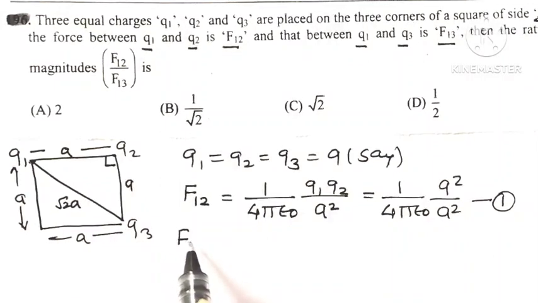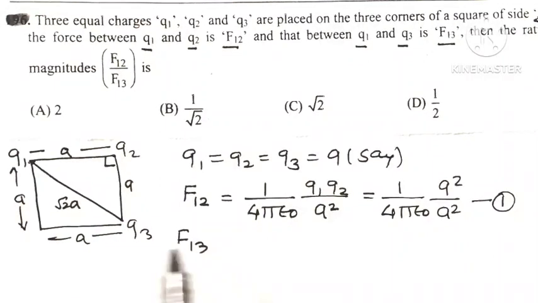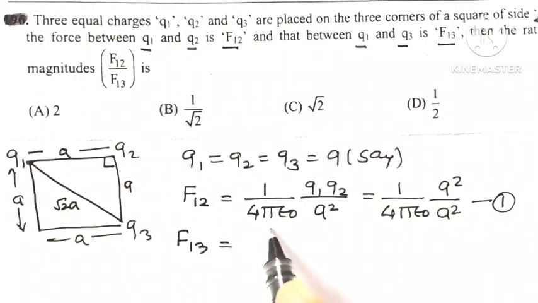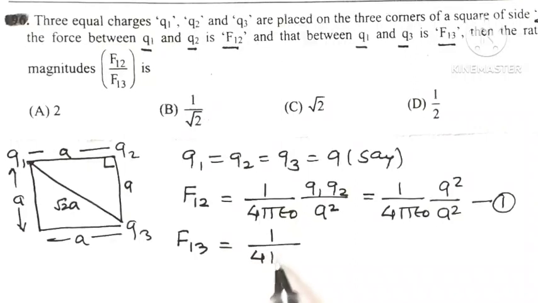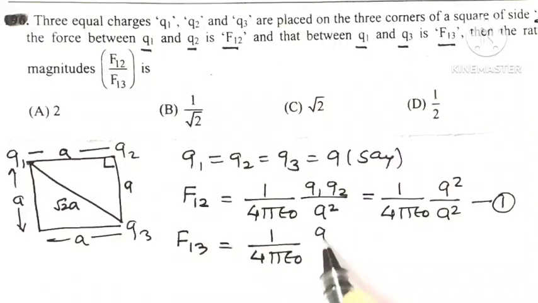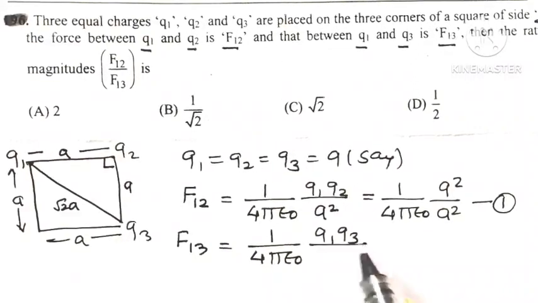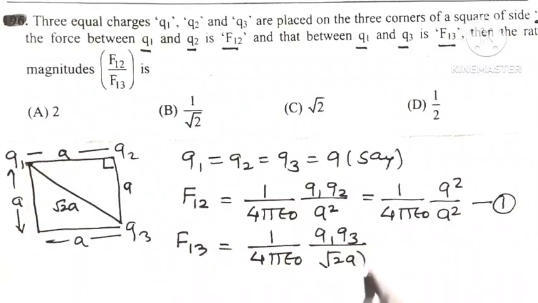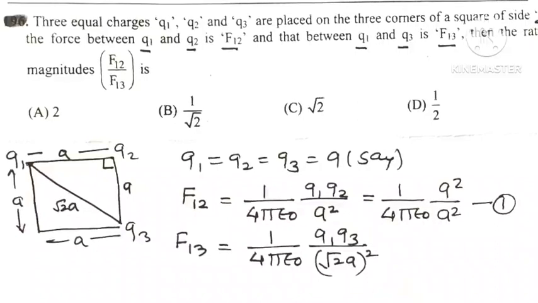Therefore force between charge Q1 and Q3 is equal to 1 upon 4 pi epsilon 0 Q1 Q3 divided by, now what is the distance of separation between the two charges? It is root 2A whole square.